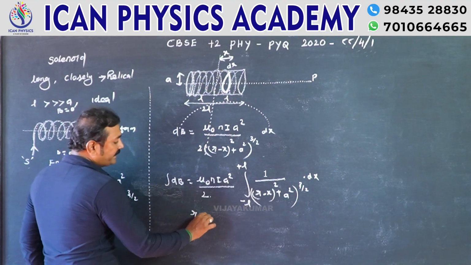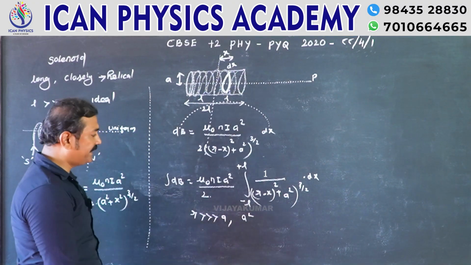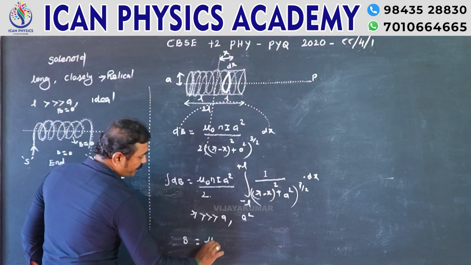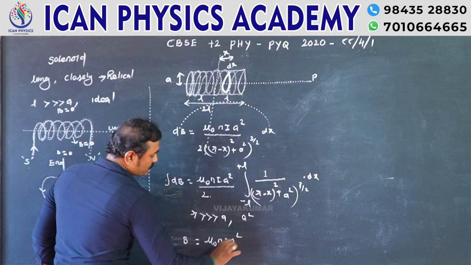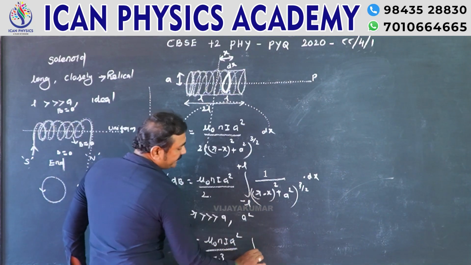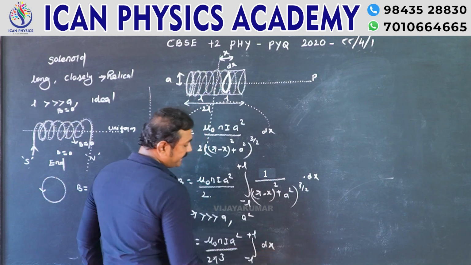Now, R is much greater than A, so A square can be neglected. So, when you integrate dB, it becomes B. So, B equals mu naught N I A square by 2 into R cube into integral from minus L to plus L of dx.